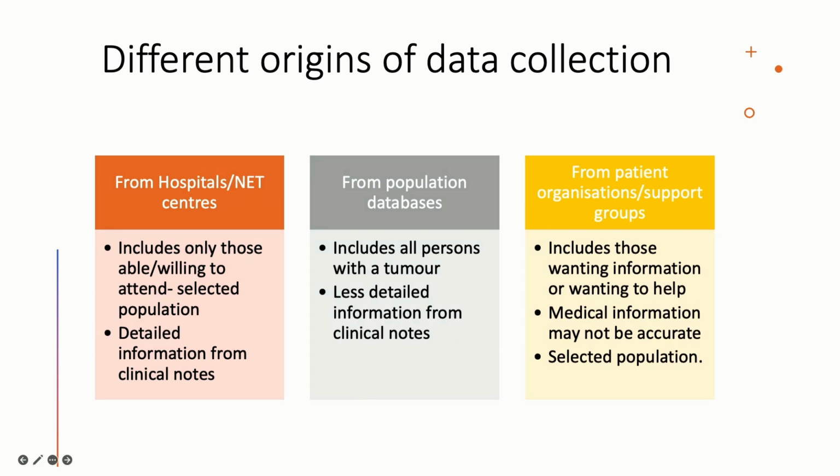From that data, you can get detailed information from the clinical notes. So it's detailed and useful data. The second column there is from population databases. So that's what I deal with mainly. These are databases which exist in each country, and they tend to log all the pathology.